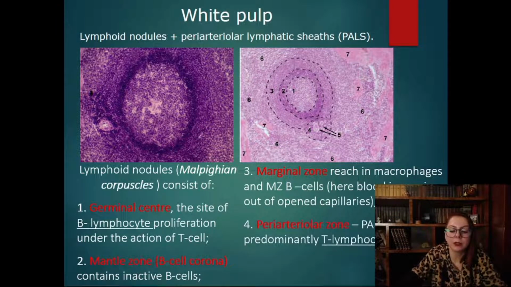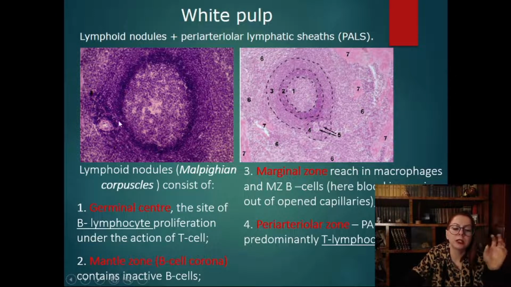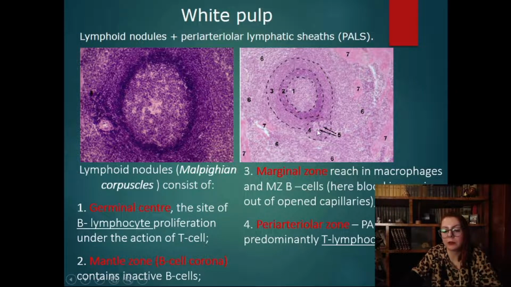And after that, the periarteriolar zone, which is around the central arteriole. Notice that the periarteriolar zone doesn't surround the whole follicle, but is an additional zone attached to the lymphoid follicle. Here it is labeled with the number 4 in the diagram, around the central arterioles.